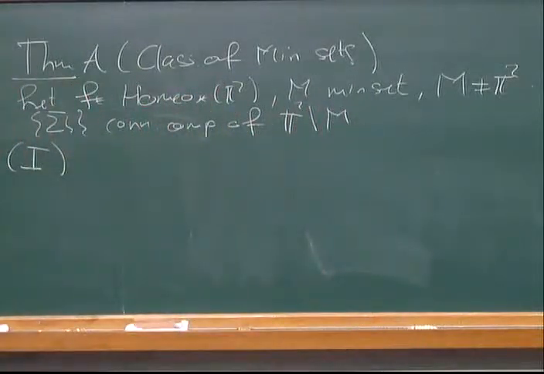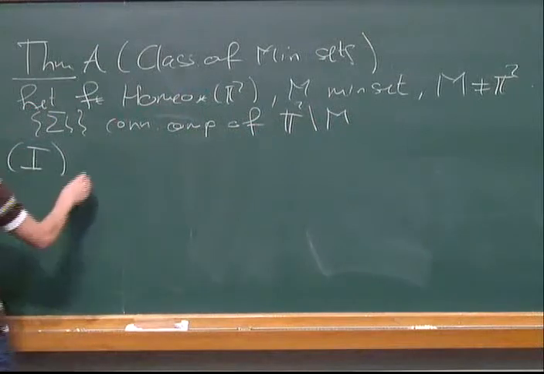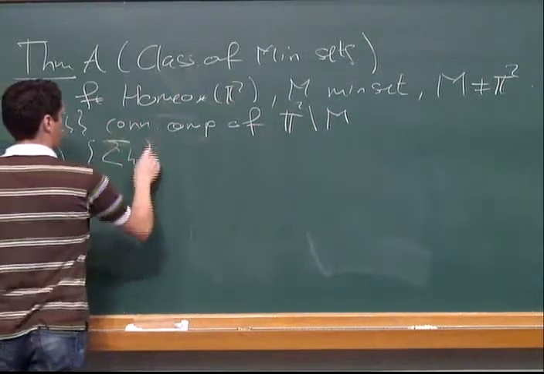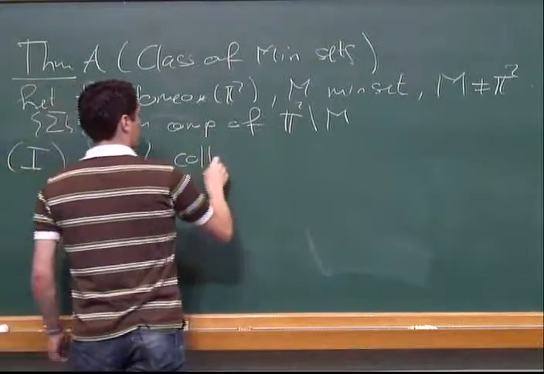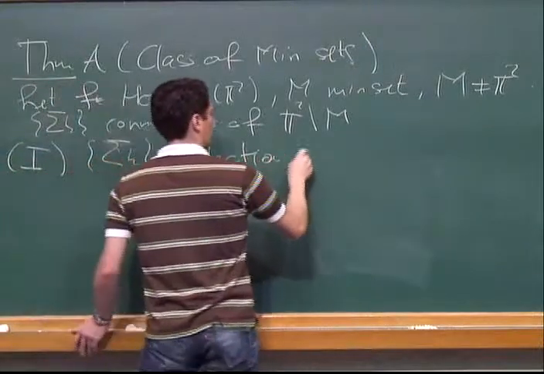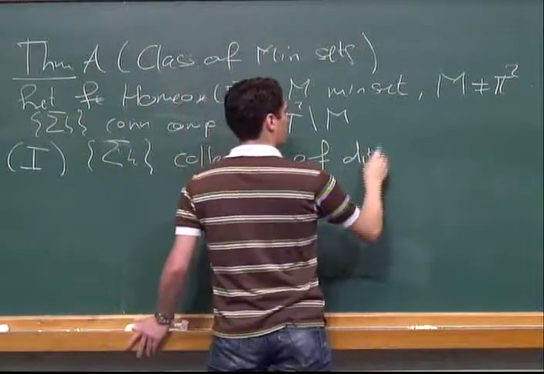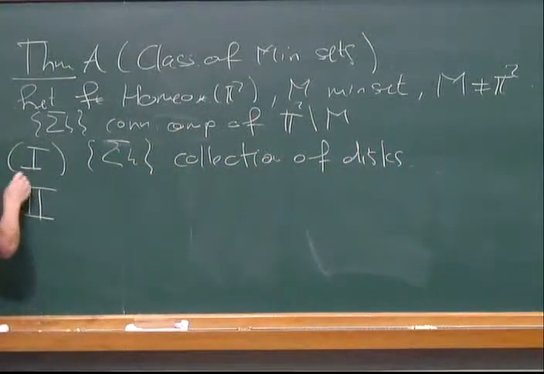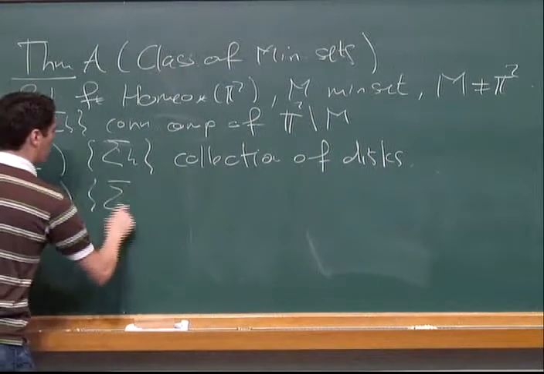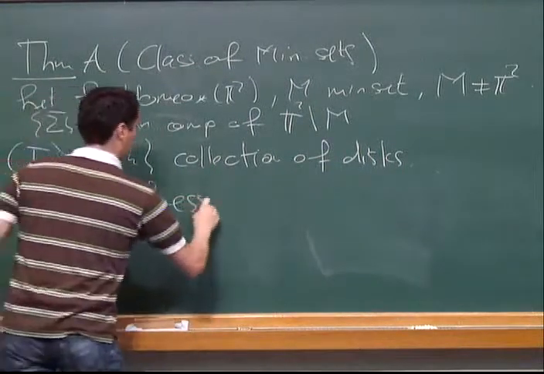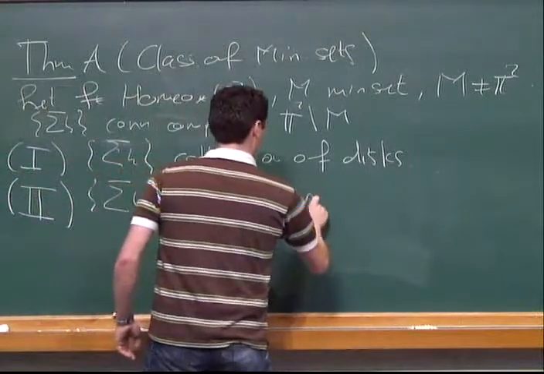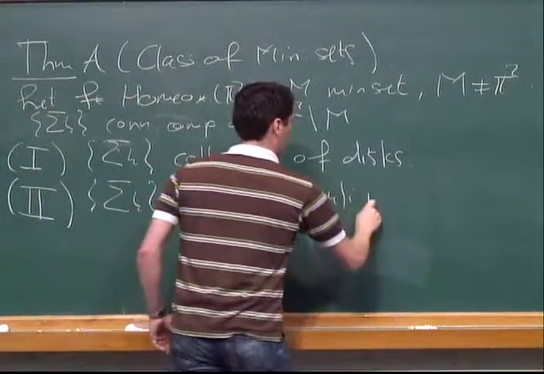So that will either be, well, one, sigma is a collection of disks. Two, you have annuli, essential annuli, and disks.